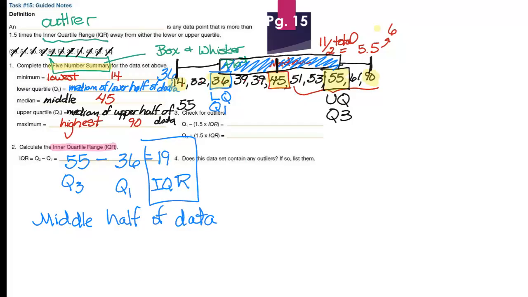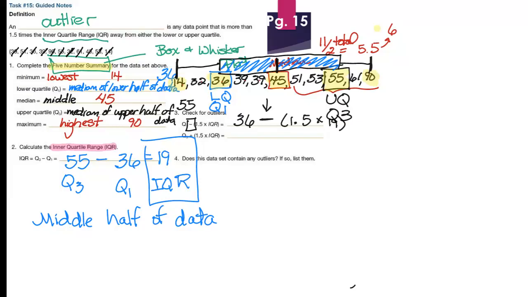So, an outlier is going to be at quartile 1 minus 1.5 times the IQR. And this is just a formula. So quartile 1 we said was 36 minus, because it's going to be lower, 1.5 times the IQR, which is 19.